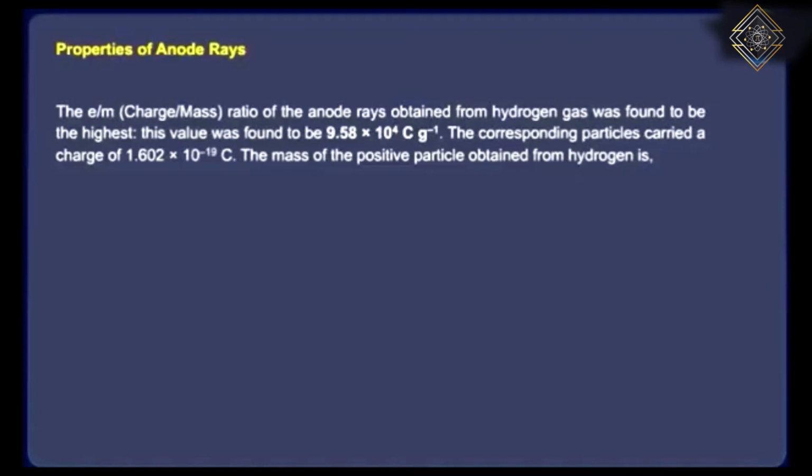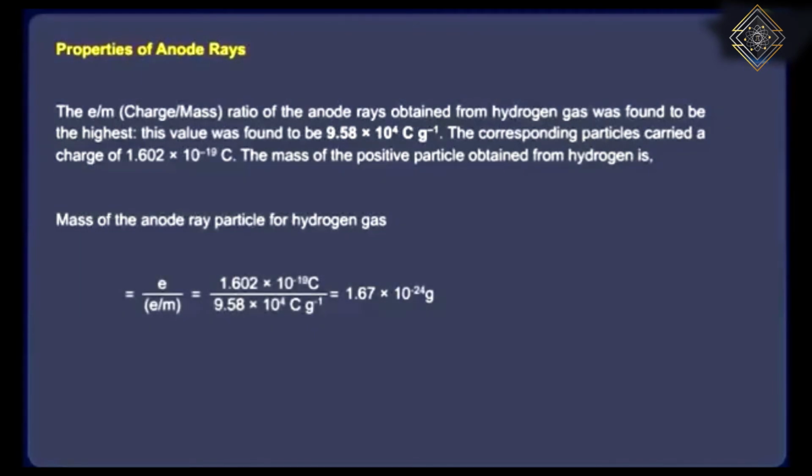The mass of the anode ray particle for hydrogen gas is equal to 1.602 into 10 raised to the power minus 19 coulomb upon 9.58 into 10 raised to the power 4 coulomb per gram, which is equal to 1.67 into 10 raised to the power minus 24 gram.